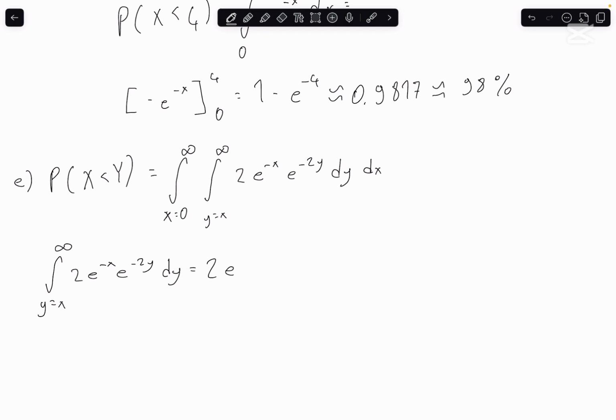The inner integral of e to the power of minus 2y dy, from x to infinity. As you can see, e to the power of minus x is constant in y.